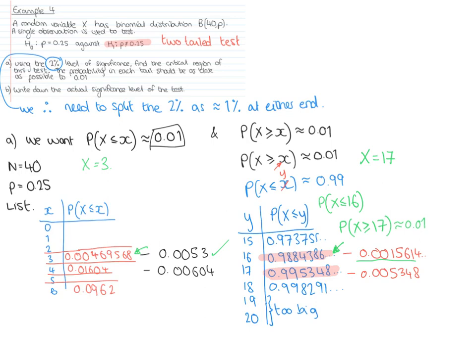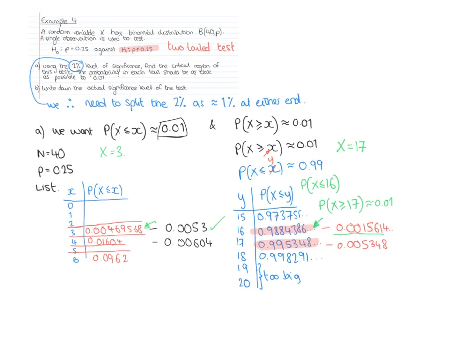So our critical regions are x less than or equal to 3, and at the top x greater than or equal to 17, and the top it can be is 40.